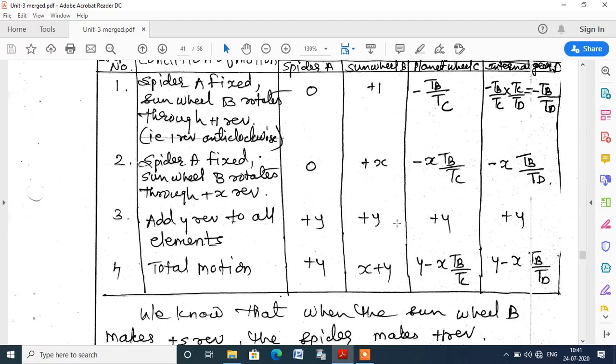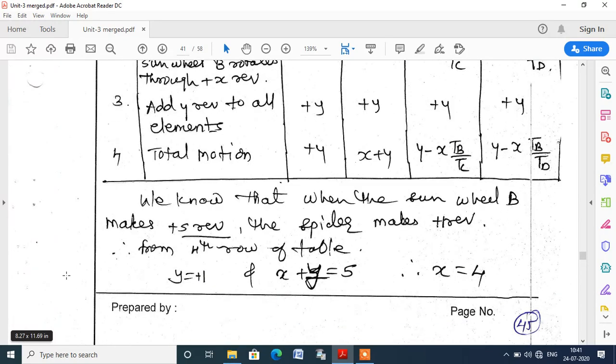So y, okay, and for total motion, y plus 0, that means add row number 3 elements to row number 2 elements. Y plus 0, y plus x or x plus y, y minus x TB by TC, then y minus x TB by TD. Correct?